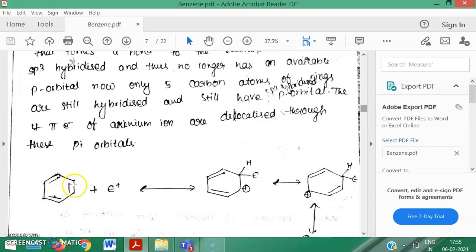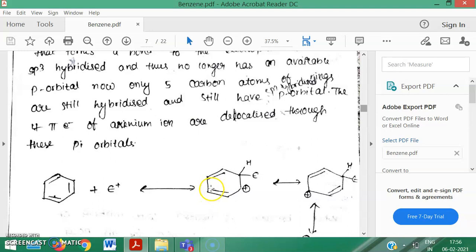During substitution, this electron can be readily given to the electrophile, and the ring gets a positive charge. This double bond breaks, and this carbon shares electrons with the electrophile, and the positive charge is taken by a single carbon. Next, the neighboring carbon also has a dumbbell shaped p orbital containing one electron.